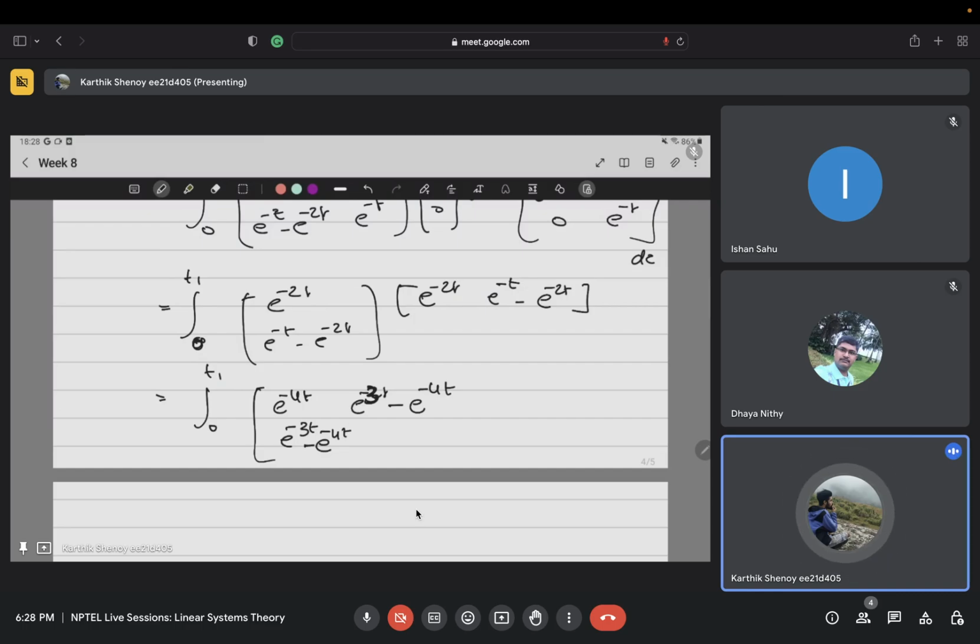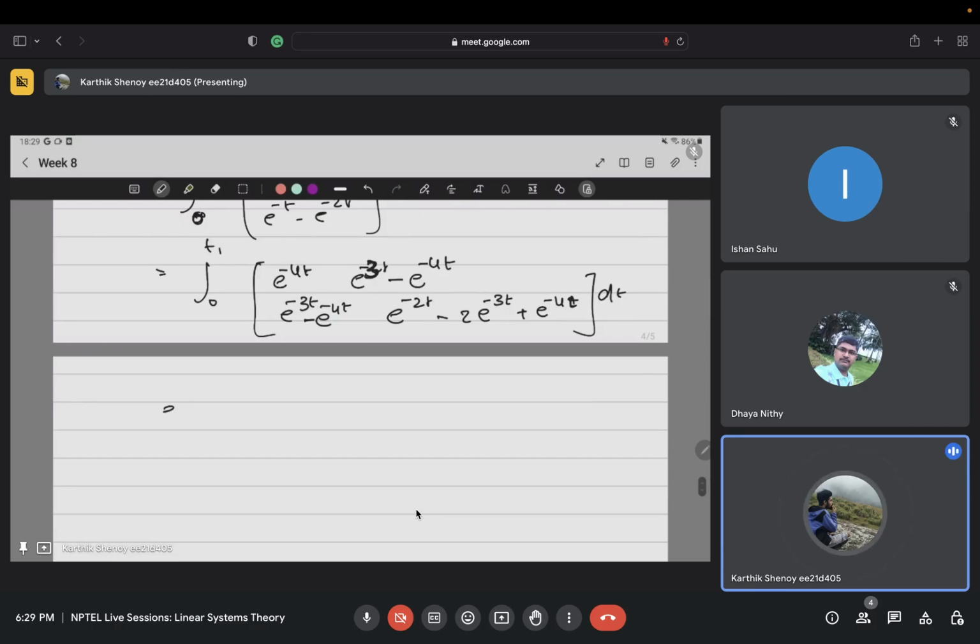It's always symmetric. The Gramian is a symmetric matrix, so you can prove that it's symmetric. And this is e raised to minus 2t. Let me just check that again. e raised to minus 2t minus 2 e raised to minus 3t plus e raised to minus 4t.